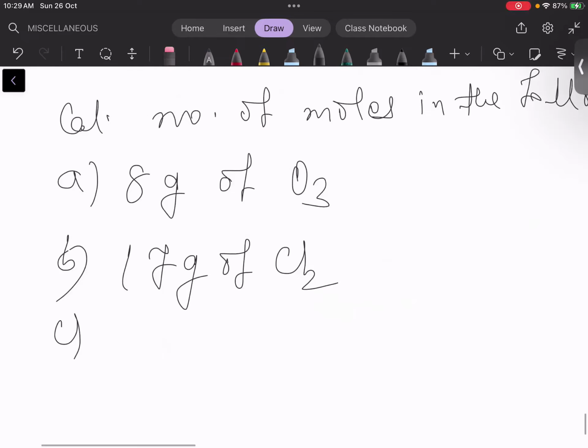Then third, 62 ग्राम of P4. ठीक है, जल्दी करो. Oxygen का 16 है, chlorine का 35.5 है, phosphorus का 31 है.